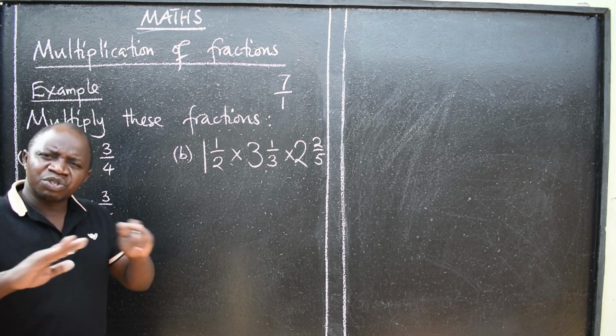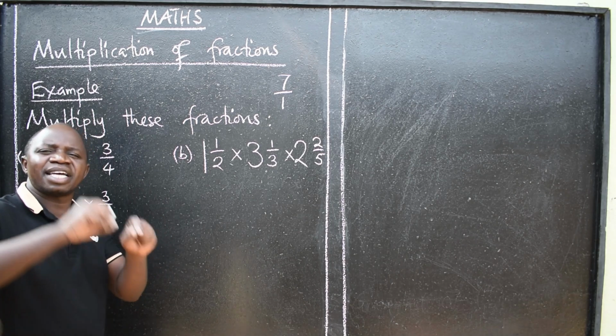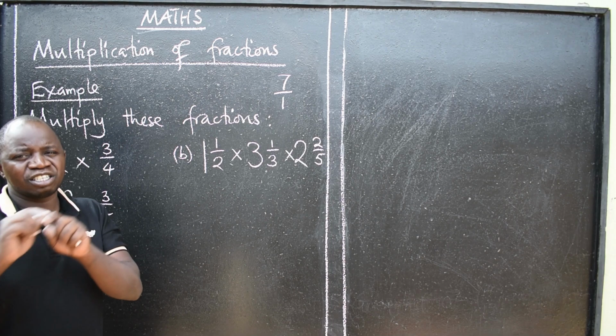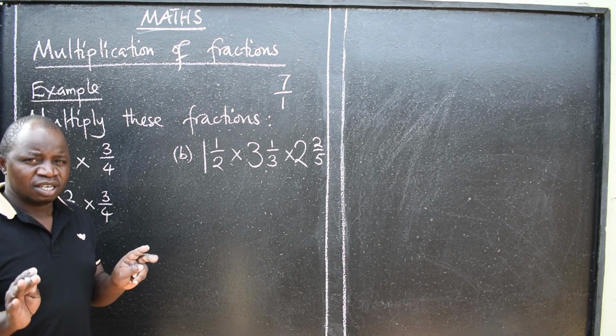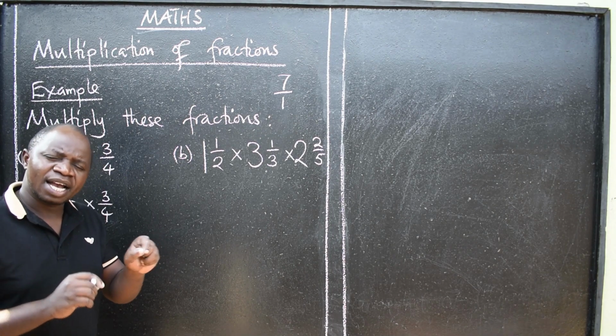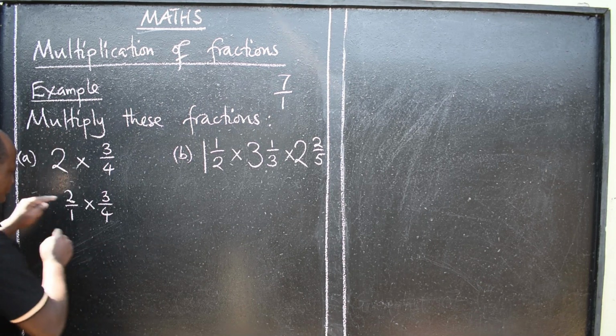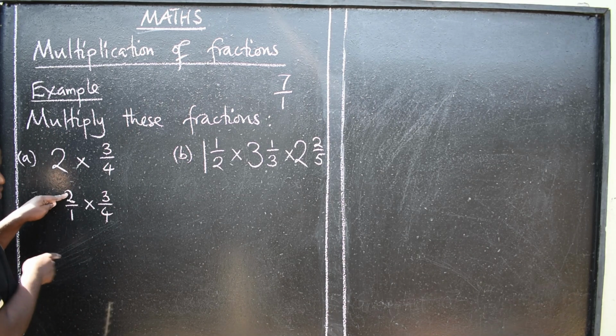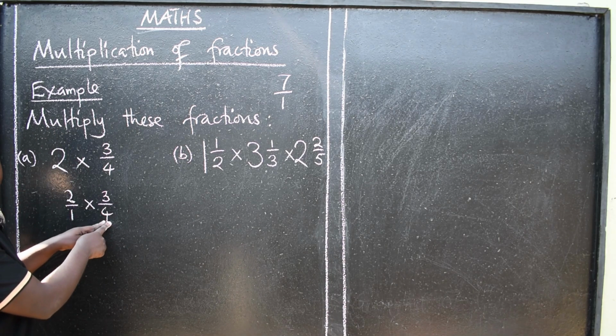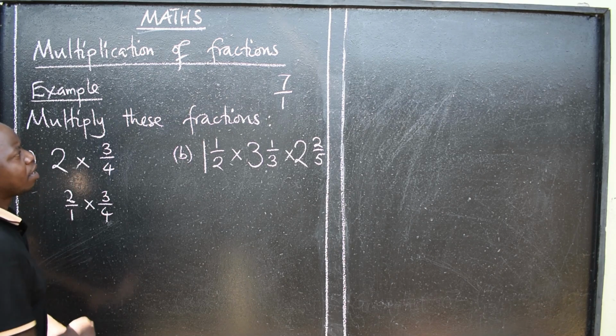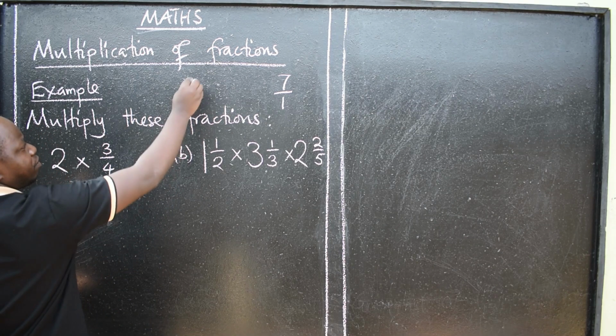You don't cancel numerator and numerator or denominator and denominator. We don't do that. It's always a numerator and a denominator. Like in this case, this is the numerator, this is the denominator. Therefore, I can cancel.